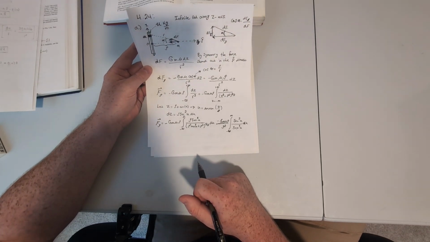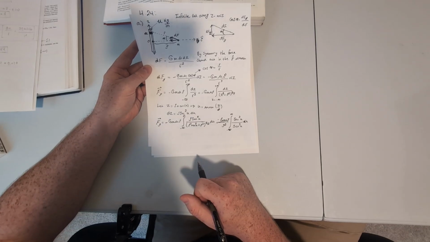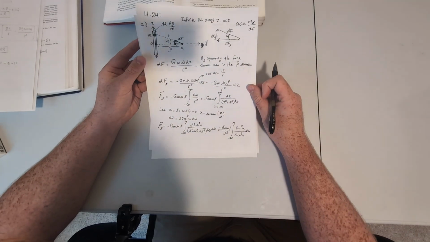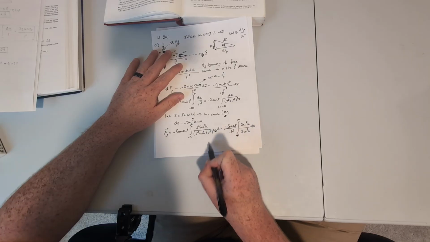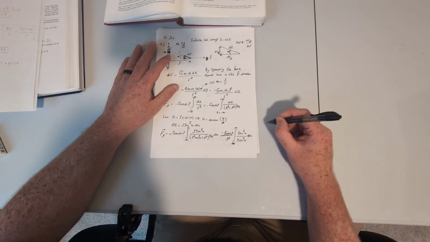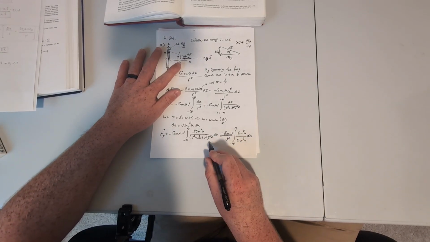The square root of secant squared is just secant, but then you're left with secant cubed. So tangent squared plus 1 is secant squared, but when you take the square root of that, you're just left with secant, and you still have the cube, so you're left with secant cubed on the bottom.